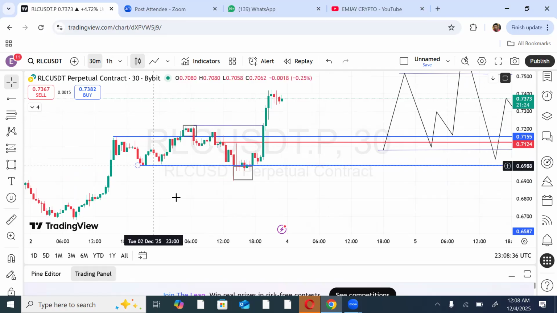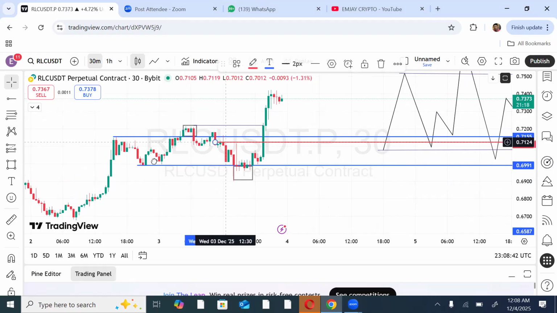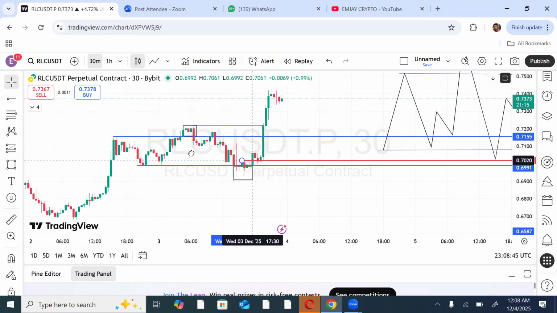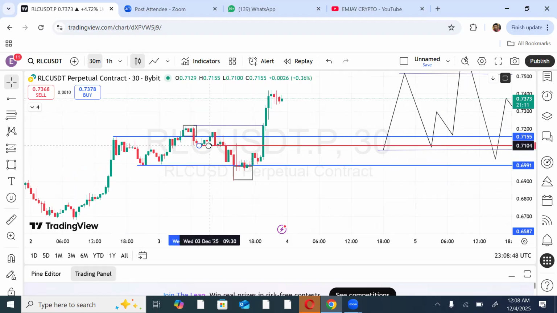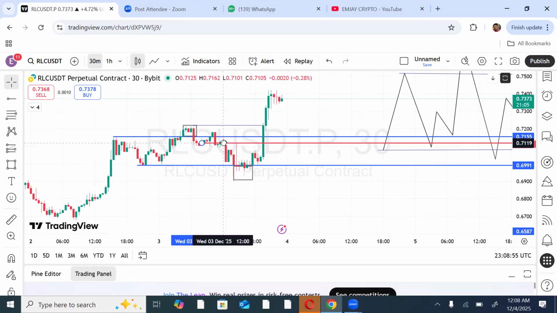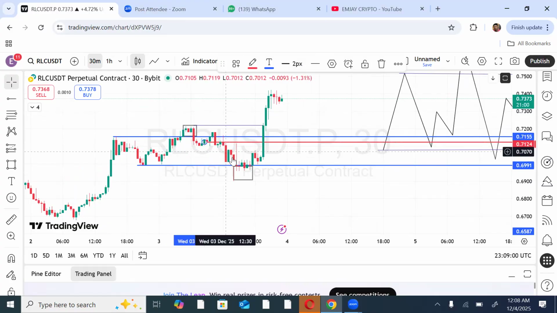Or we could as well take a Quasimodo, a QM level, which might be here. But this QM level is already mitigated. So I wouldn't want to take a trade from it. I want to take this trade from a level that has not been mitigated. So I'll just focus my energy on this level here. This is very fresh.